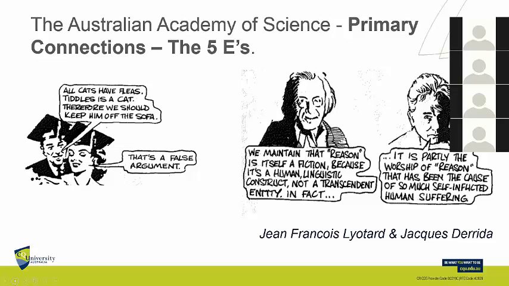Jean-Francois Lyotard and Jacques Derrida, two great deconstructive postmodern thinkers. Lyotard probably wrote around 1930. Jacques Derrida was born 1930, I think. But you can see that they question whether reason is even an empiric state.